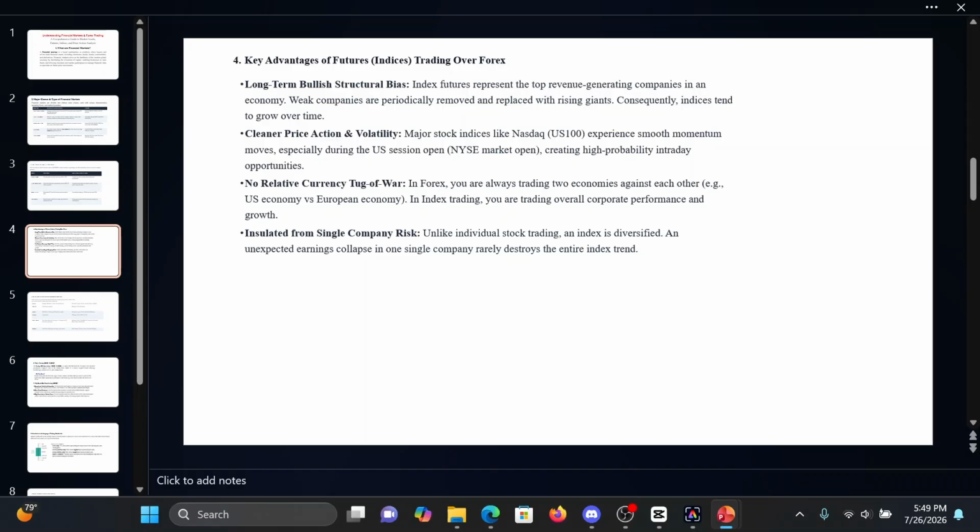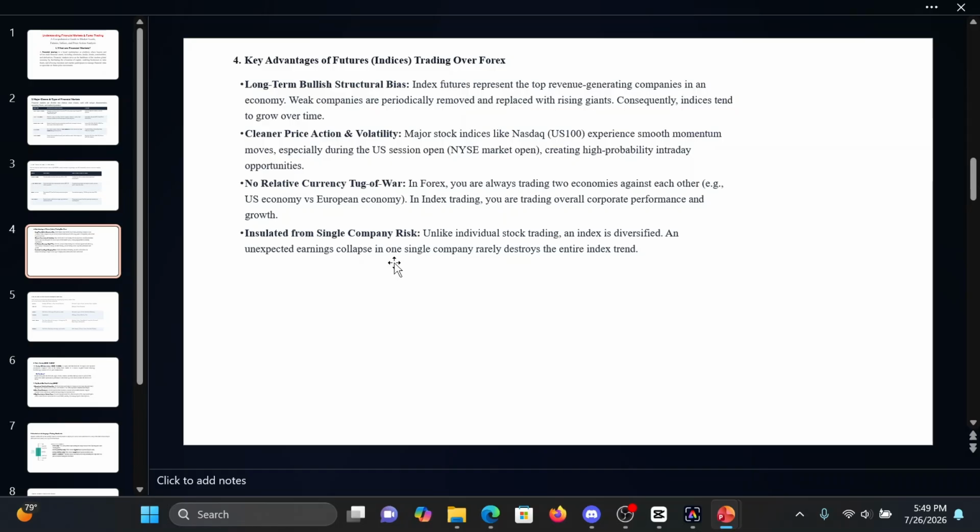In this trading, you are trading overall corporate performance and growth. In forex, you are like, okay, the way I see it now, the European economy is stronger than the US economy, the dollar is now weak and the euro is now stronger. You are in a fight of two economies, which you don't know in depth.